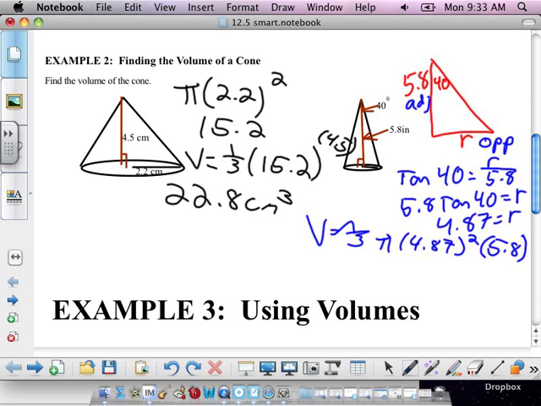We're going to use pi. Then we use 4.87, we square it, we times it by 5.8, and we're going to get 144.05 inches cubed.